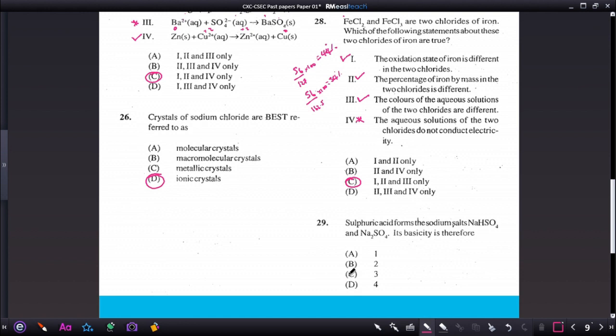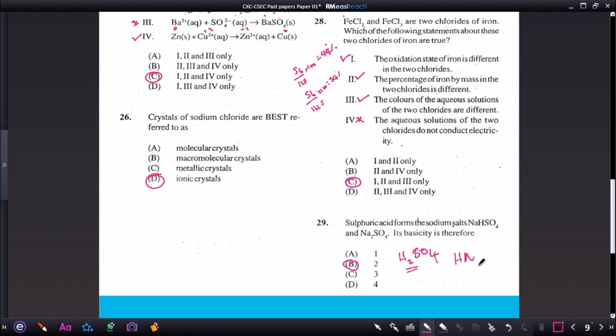Okay, 29. Sulfuric acid forms the sodium salts, sodium hydrogen sulfate and sodium sulfate. Its basicity is 2. We know that sulfuric acid has a basicity of 2 because this is the formula for sulfuric acid, H2SO4, right? And because there are 2 hydrogens in the formula, it has a basicity of 2.